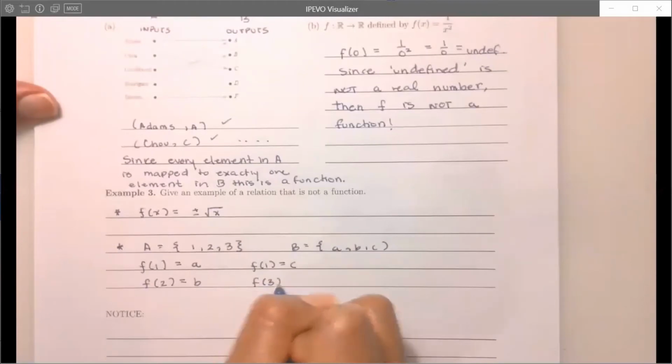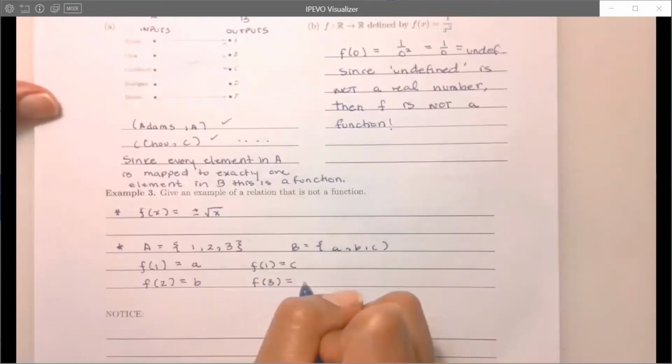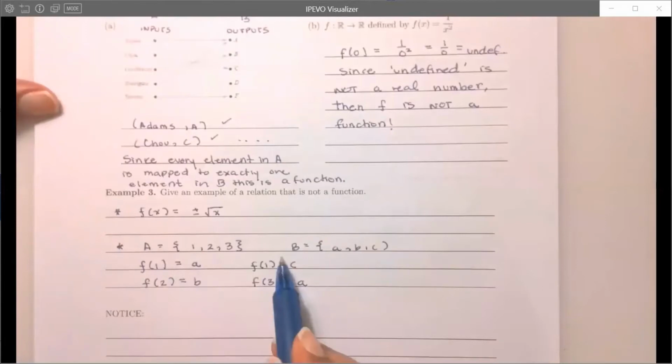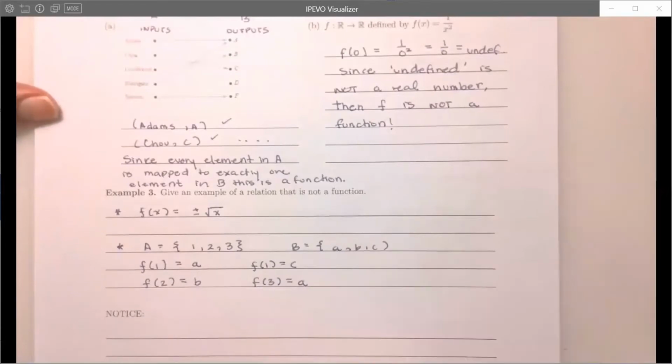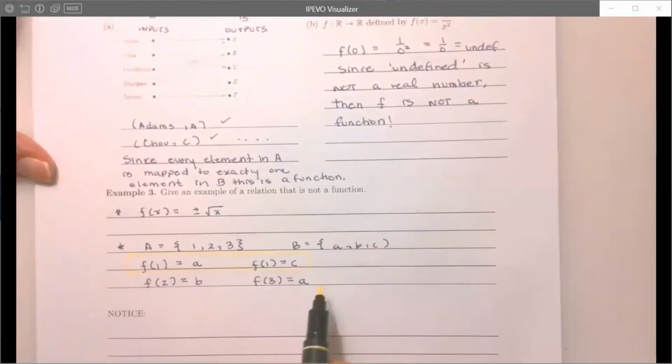F of 3 is, let's say, A. Well, in this case, this rule that we've applied here, that 1 gets mapped to A, but 1 also gets mapped to C, would break the definition of function. So this would not be a function because of this definition.